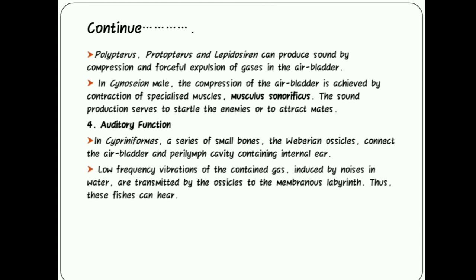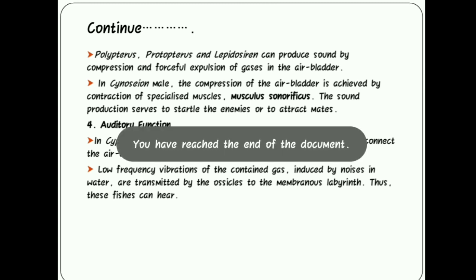Low frequency vibrations of the contained gas, induced by noises in water, are transmitted by the ossicles to the membranous labyrinth, thus these fishes can hear.